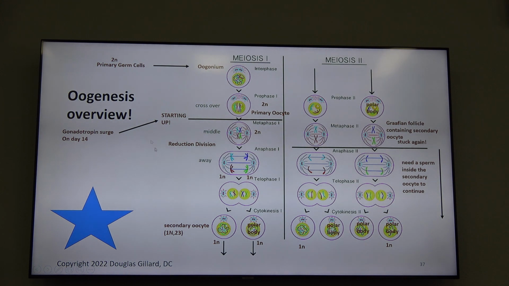Okay, so let's look at meiosis 1 and meiosis 2. We started with primary germ cells. We went to oogonium. The oogonium started meiosis 1, starting with interphase. Everything was great through there. What happens in interphase, by the way? Test your brains. Can we see the chromosomes in interphase?